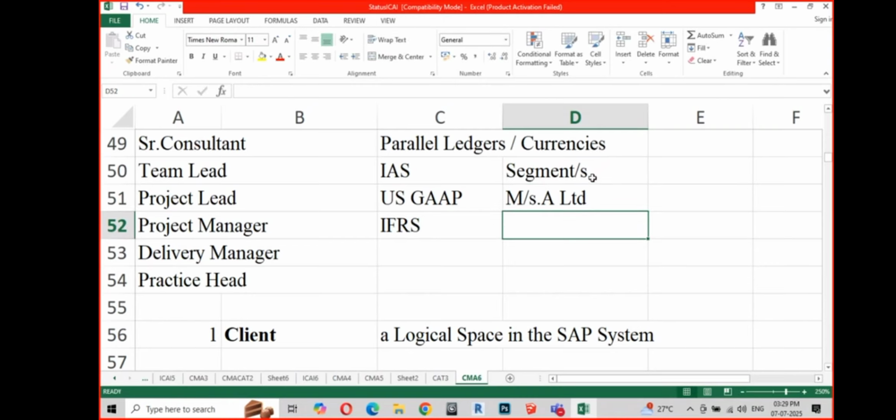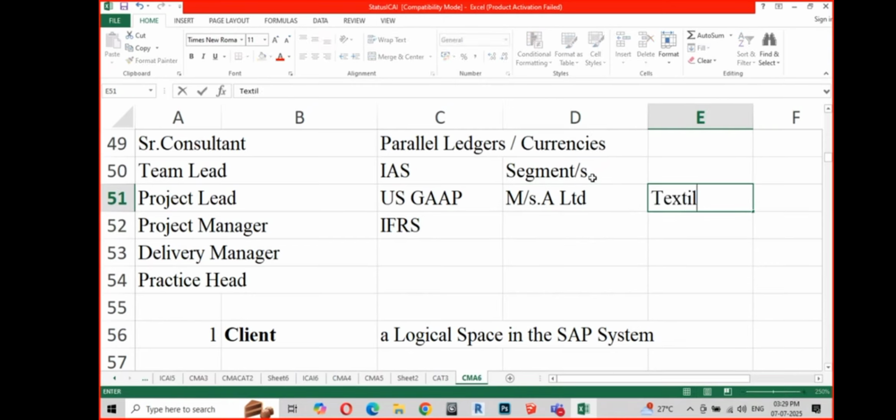It is into textile business, let me assume. This is your company code, A Limited.